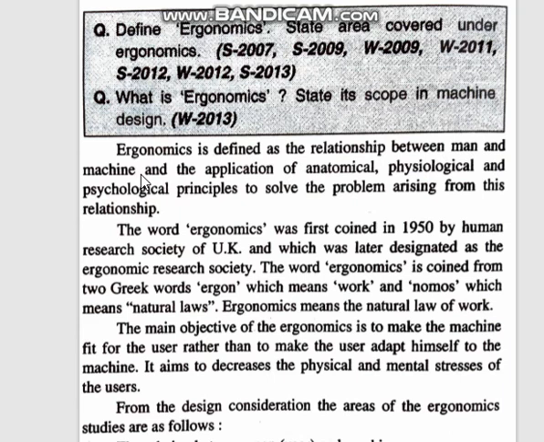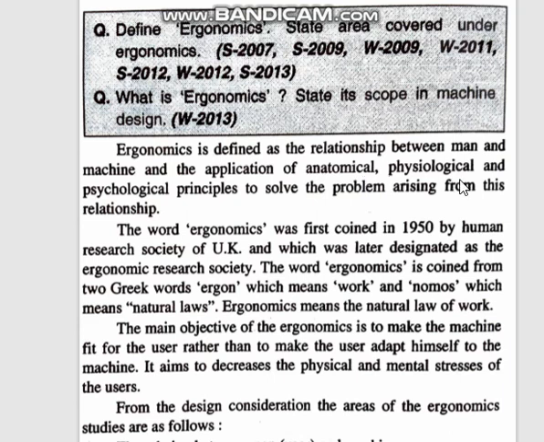So the relationship between these two is studied using anatomy. Anatomy means Sharira Rachana Shastra, how the body is made, what the structure of the body of a human being is.